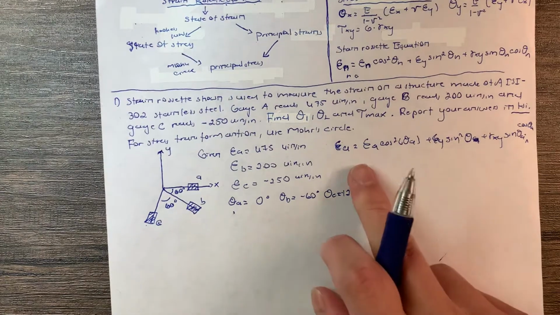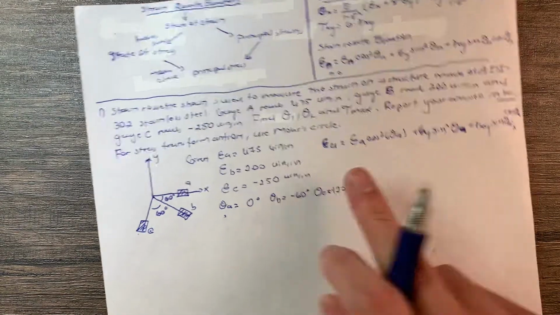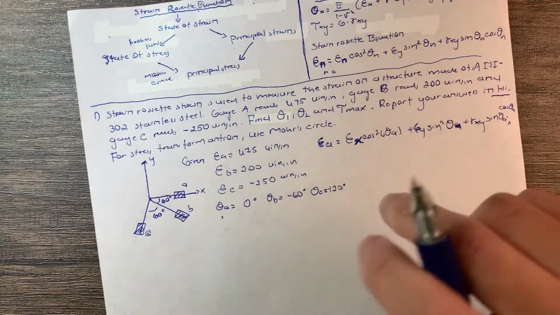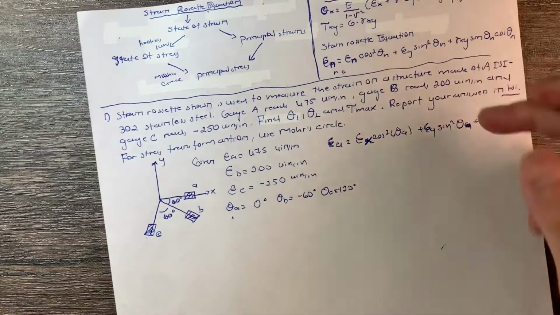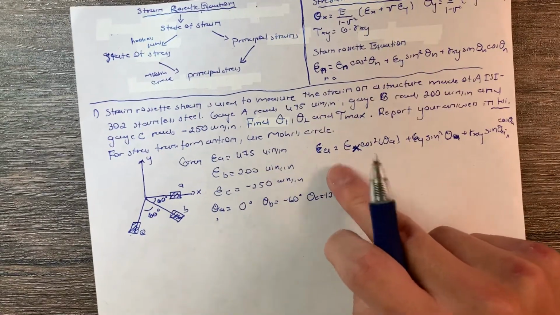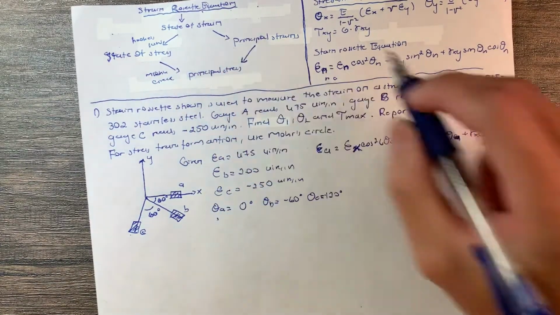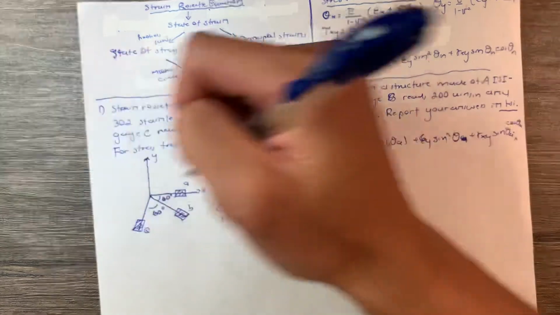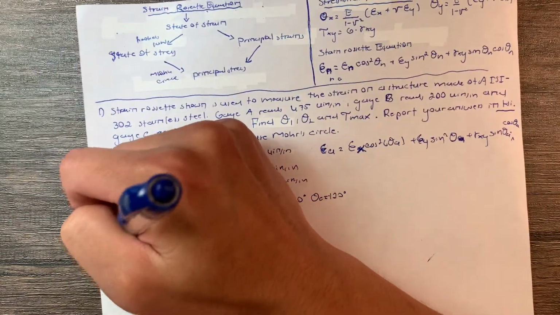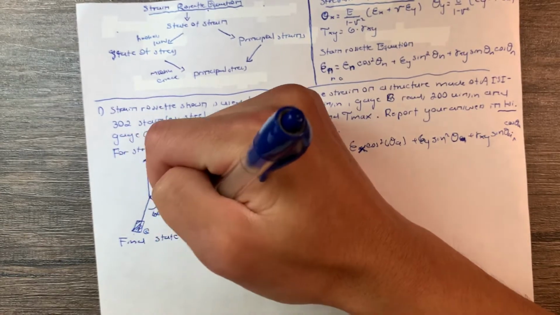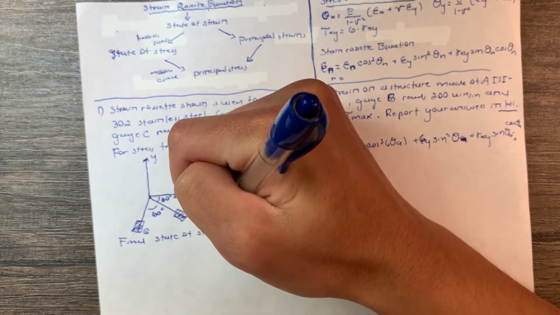So now we have what we need. We have epsilon A, and what we're trying to find is the state of strain. I'm going to write here, find state of strain.